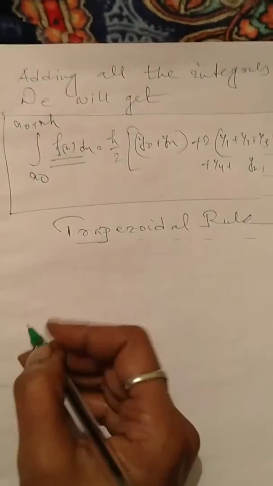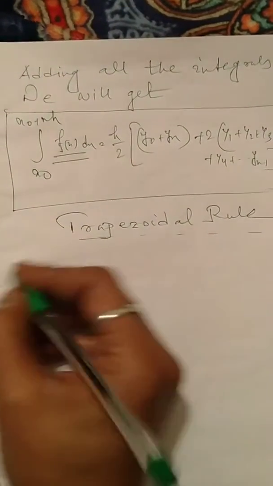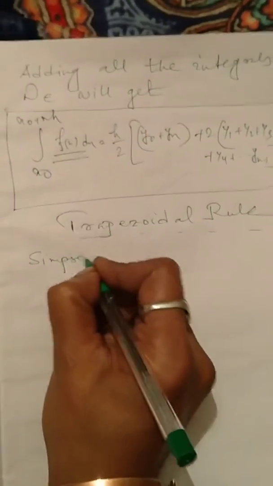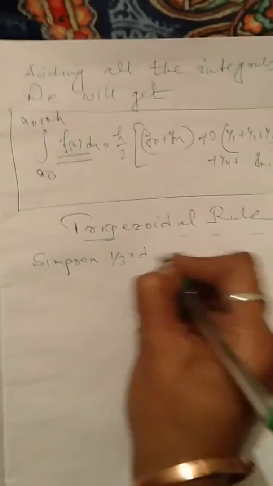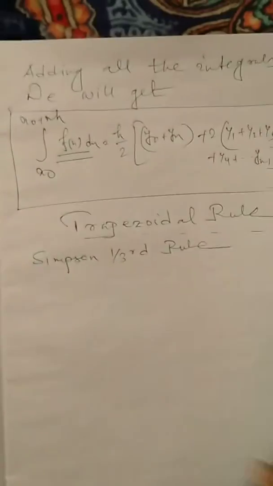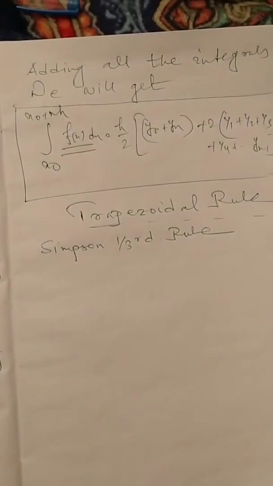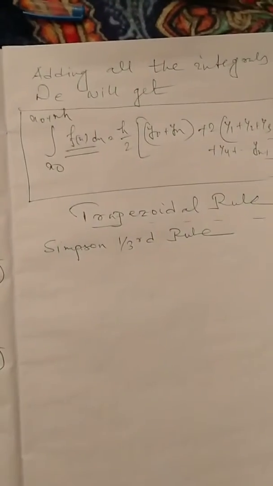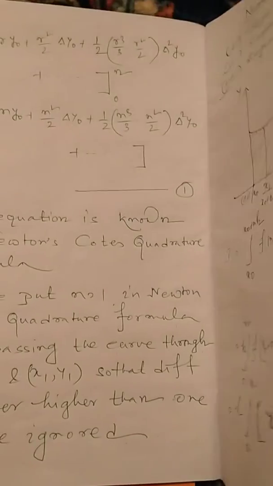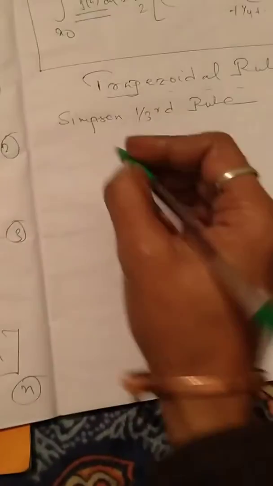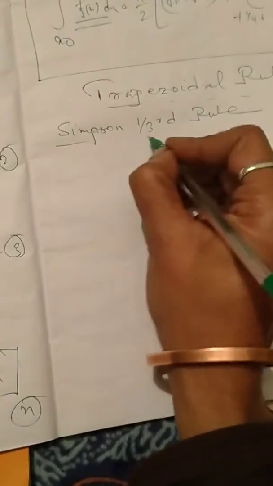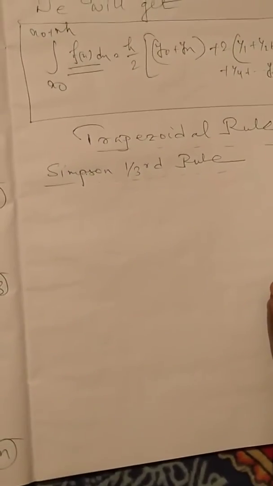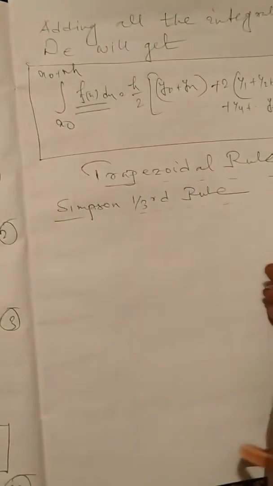Now we come to the next formula, the Simpson 1/3 rule. We will proceed in the same way. We have done the derivation of the trapezoidal rule; here we will show just the initial part of the Simpson 1/3 rule. You can do the rest yourself, with the same procedure.